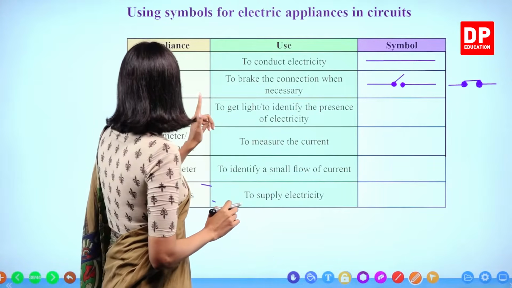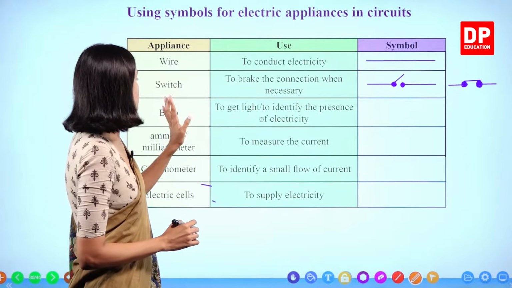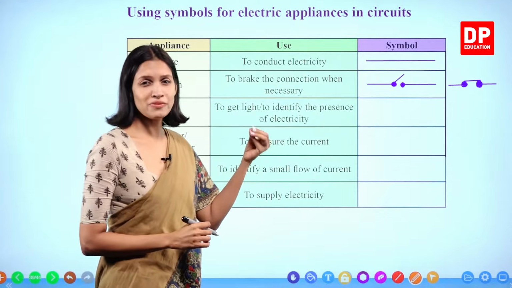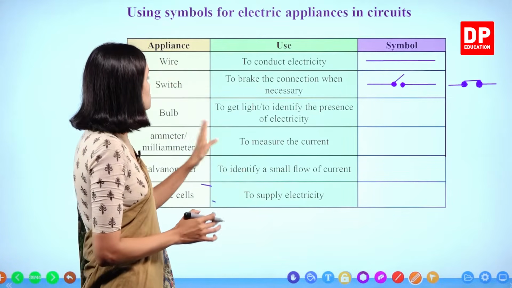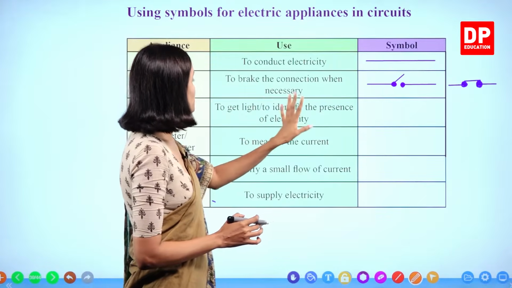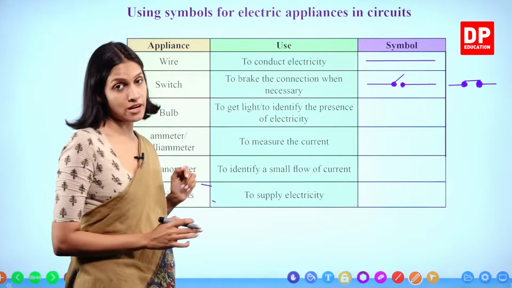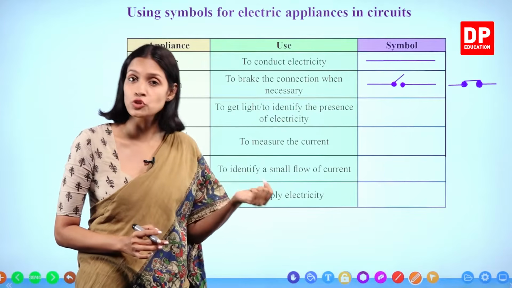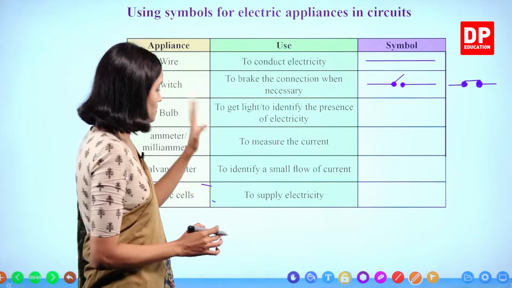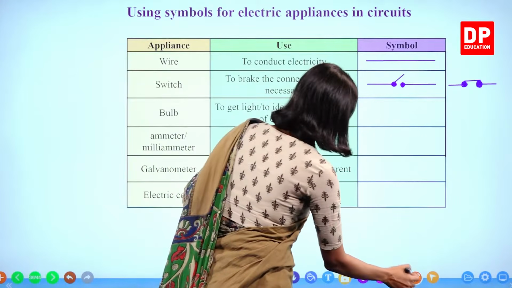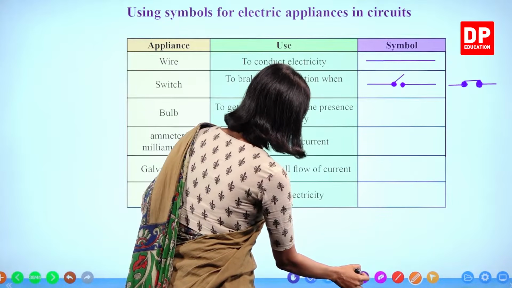Okay. So the next one, bulb. Why do we use a bulb? We connect bulbs in circuits at different instances. To get light, to identify the presence of electricity, we use bulbs. To indicate that electricity is flowing through a circuit also, we can add bulbs. So how to draw the circuit symbol of a bulb?